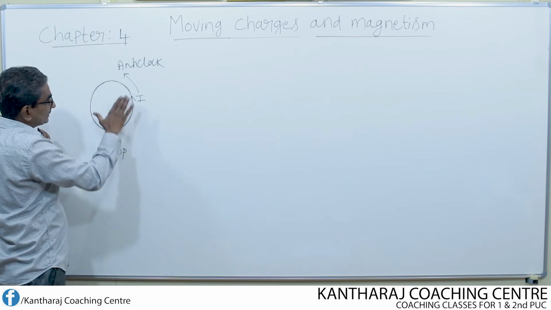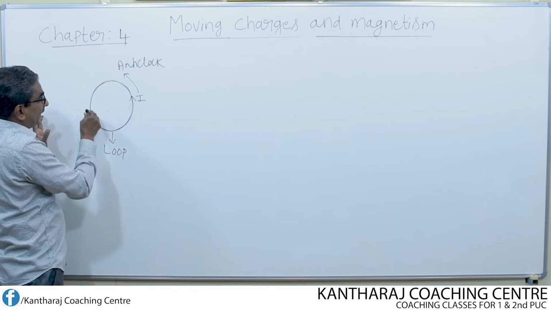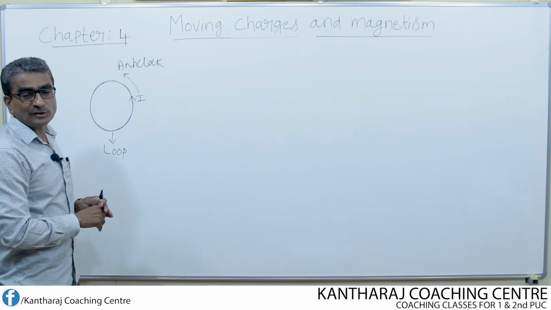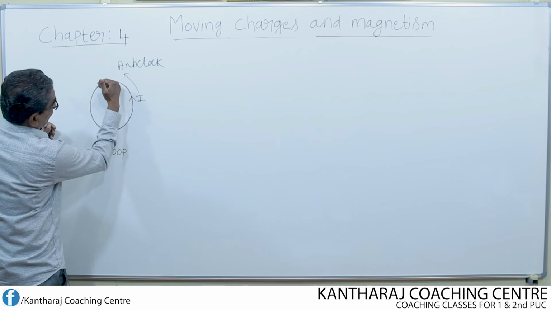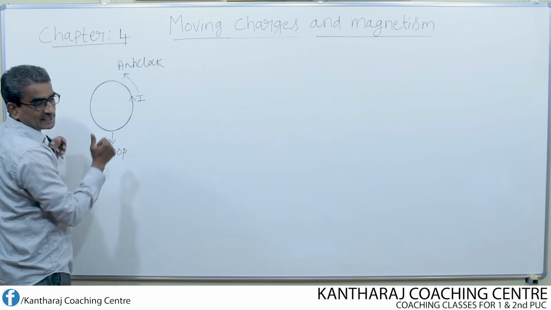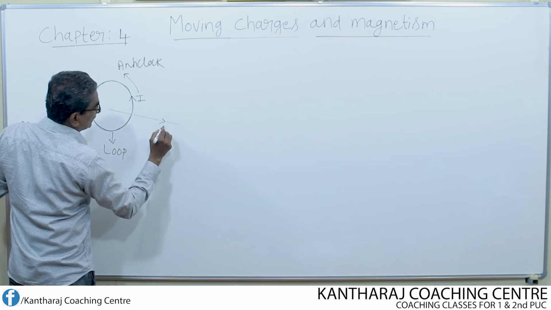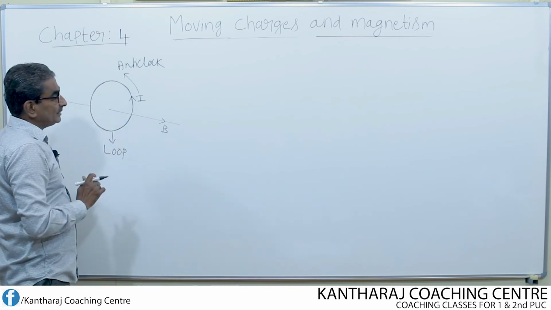That means for this case, the magnetic field direction must be perpendicular to the plane of the loop and it should be directed outwards according to the right hand clasp rule. Curling fingers give the direction of current, thumb gives the direction of magnetic field. So I can represent it like this, outwards perpendicular to the plane.